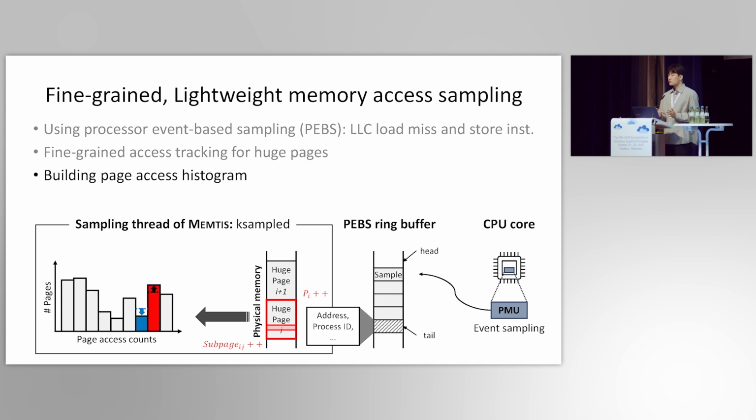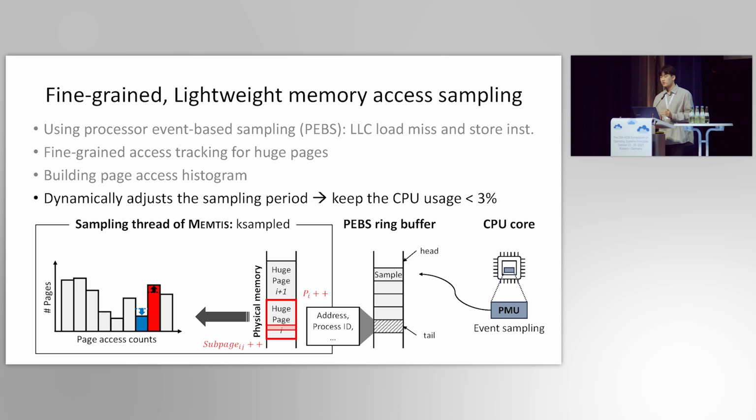Updating the page access histogram is very efficient. Whenever ksampled updates the access count of a page, it checks whether the new access count falls into a different bin and updates the histogram if needed. ksampled periodically calculates the exponential moving average of CPU usage and adjusts the sampling period to meet the upper limit of its CPU usage.